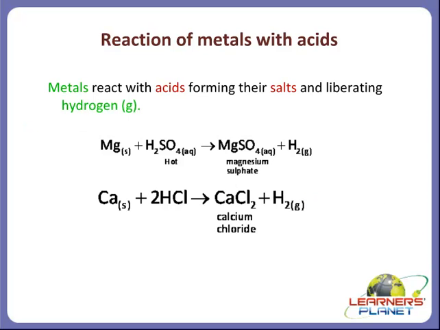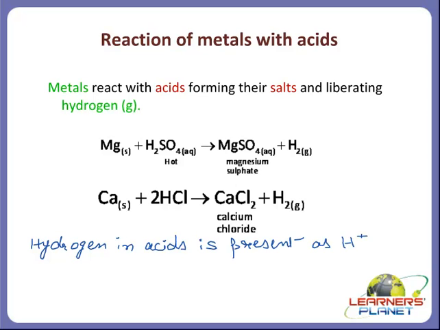Now there is one point I would like to discuss here. Why and how is this hydrogen gas liberated? We know, children, that hydrogen in acids is present as H plus ion, or I can say that acids dissociate and give H plus ion, right?